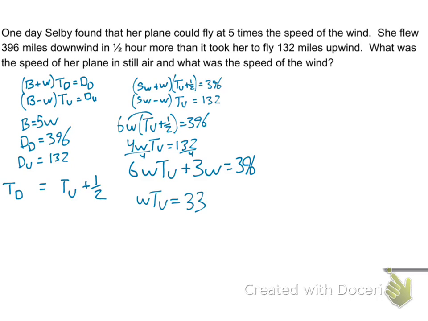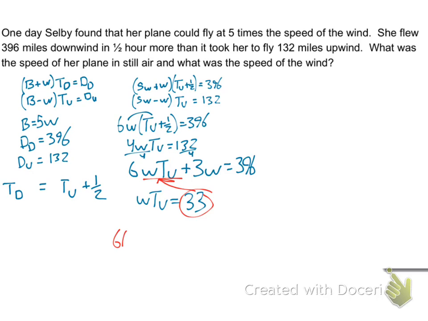How can I use that to my advantage? How can I use WTU equals 33? Yeah. Plug this, which is equivalent, here. Isn't that a WTU? And if I do this, I'll change colors so I can show that. I'm going to put this into here.